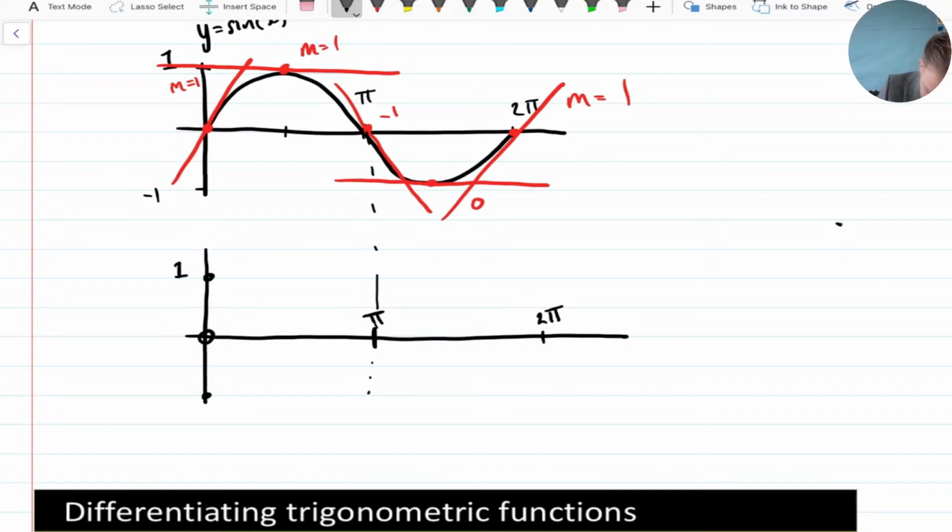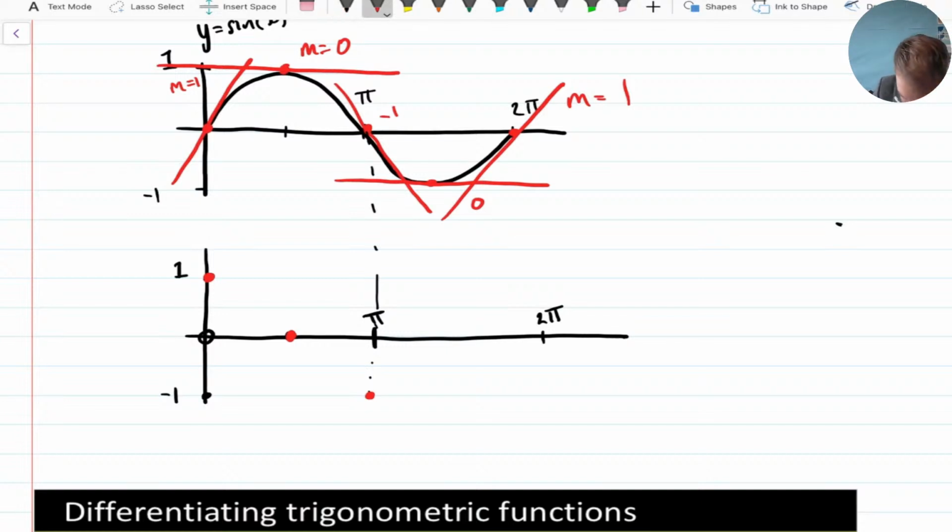Then when we're at this point here, I think I put the gradient is 1 at this point. It's not 1. The gradient at this point here is 0. So in fact, I'll probably do it in a different colour. So here's my first one, 1. The gradient at pi over 2 is 0, so let's plot that 0. The gradient at pi is equal to minus 1, so let's plot that minus 1.